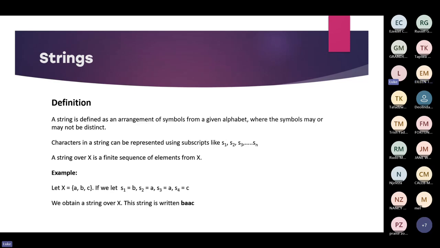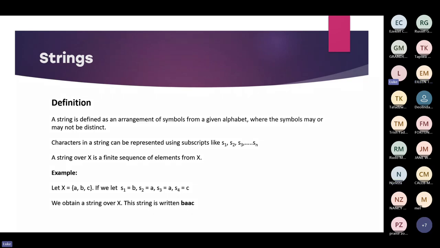Then a string over X is a finite sequence of elements from X. For example, let X be A, B, C. If we let S1 be B, S2 be A, S3 be A, and S4 be C, we obtain a string over X.